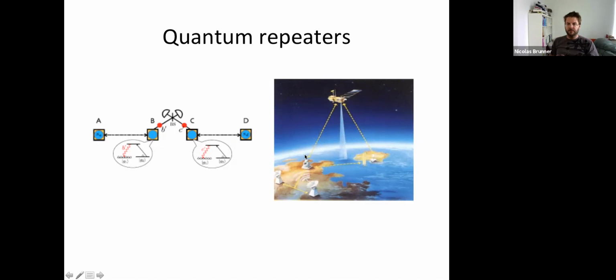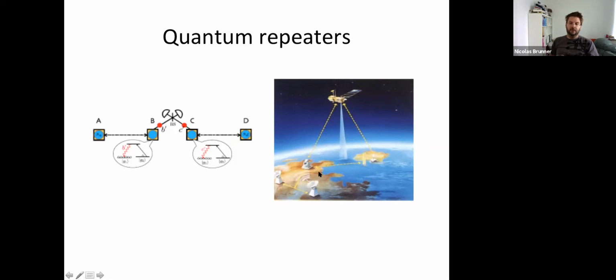In particular, this was done in China. So China develops a lot of quantum information, like Southeast Asia in general. And so they managed to launch their own satellite, dedicated to quantum communication and quantum experiments. And then they managed to do quantum cryptography between, let's say, Shanghai and Urumqi.